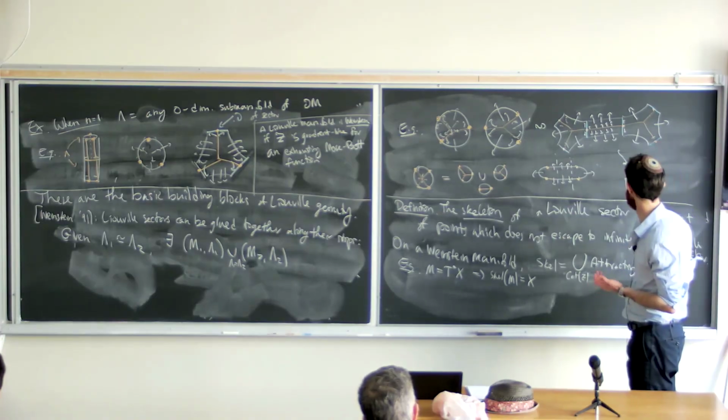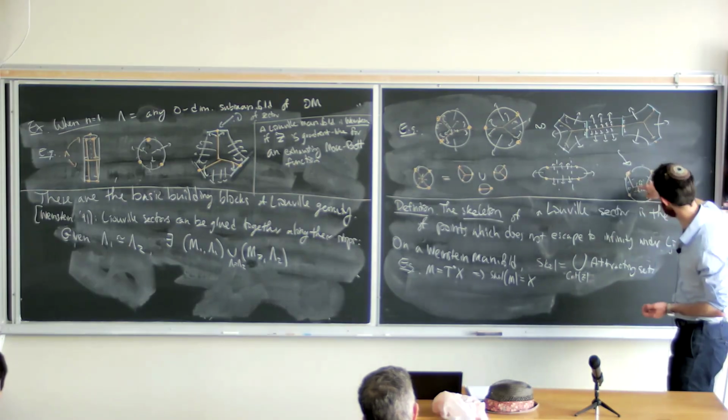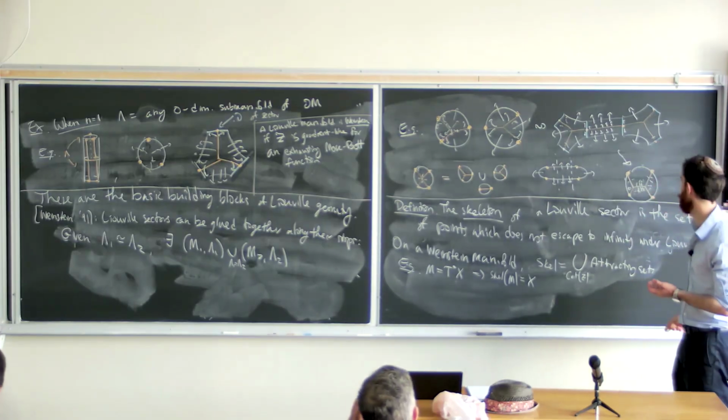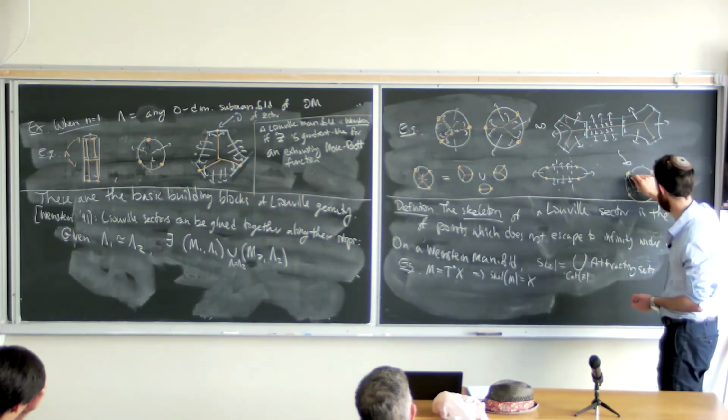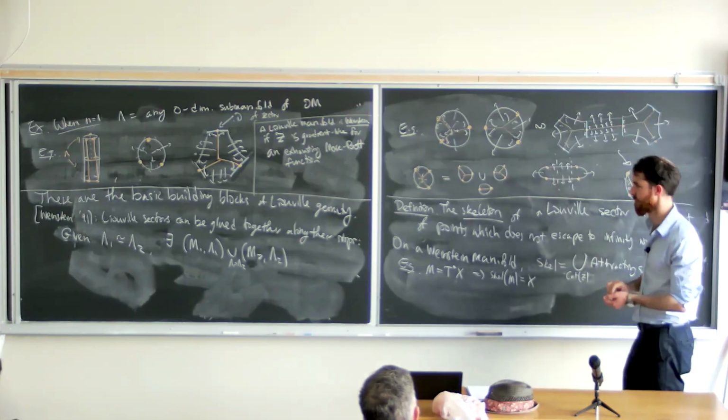The fact that this skeleton is singular is saying that my Liouville flow is doing some weird things in some places. But near any smooth point of my skeleton, I literally just look like the cotangent bundle to that thing as far as my Liouville geometry goes. So this is a very helpful way of understanding things.